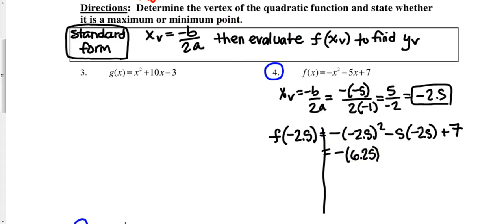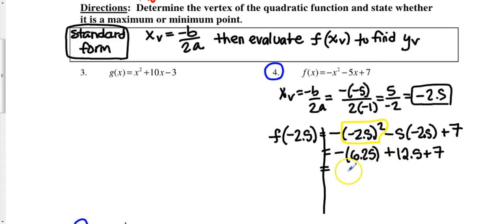So this negative 2.5 all squared got us a positive 6.25, but that negative is still up front. Next, let's take a look at negative 5 times negative 2.5 in our calculators. And we should be getting a positive 12.5. Bring down the plus 7. Negative 6.25 plus 12.5.